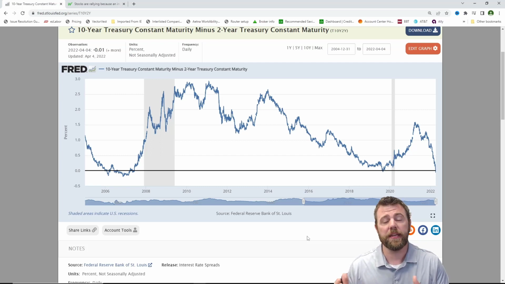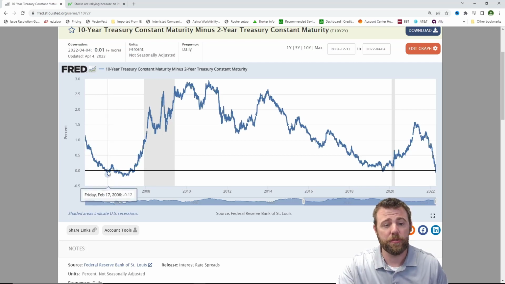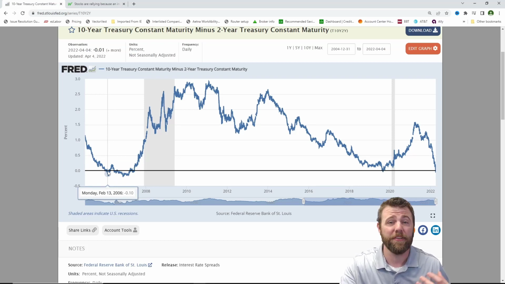Whenever they say that the market is going to be correcting or having a recession, you always have to remember that is typically followed anywhere between 12 to 24 months after that initial inversion. Looking at 2006, 2007, as we all know, it wasn't until about 2008 that the markets and the economy really started hitting that recession.